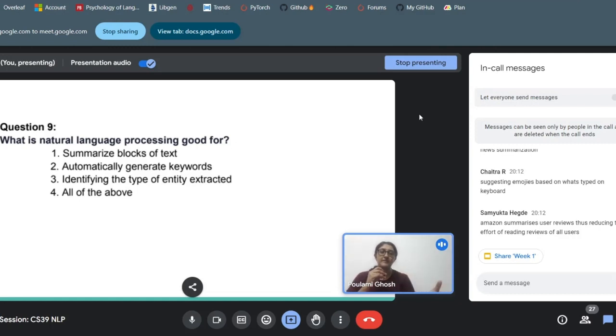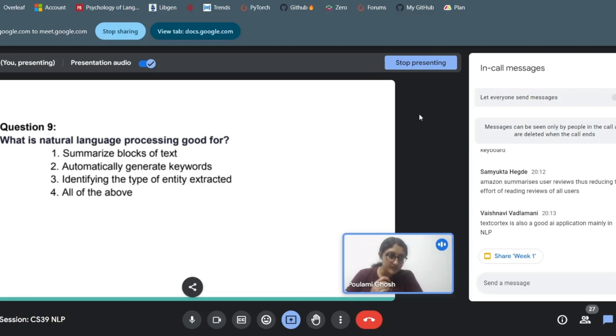Say you bought a camera, it would have different features, maybe the lens or the focus. So extracting the aspects, even giving a number to it, that is also a part of natural language processing.